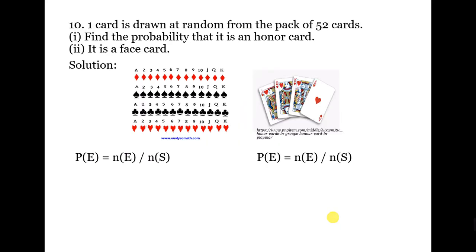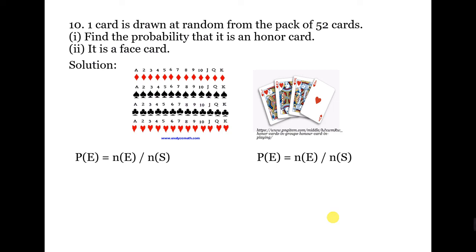For the last problem, one card is drawn at random from the pack of 52 cards. Now the question is, find the probability that it is an honor card, and in the next one, if it is a face card. We're looking for two requirements here in the last problem. So we will use the formula of classical probability.